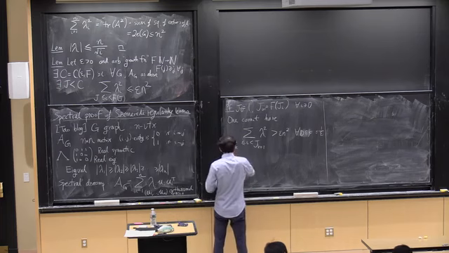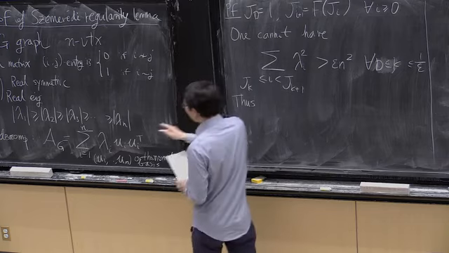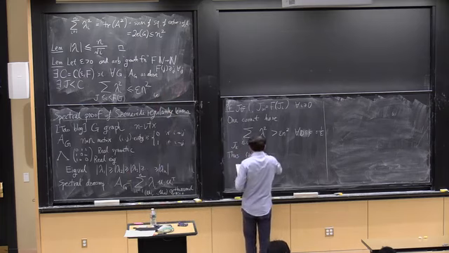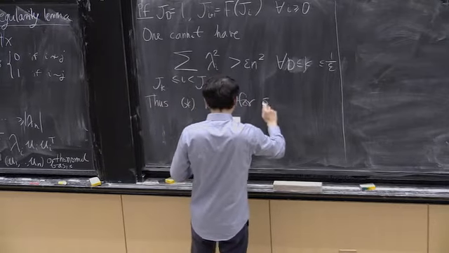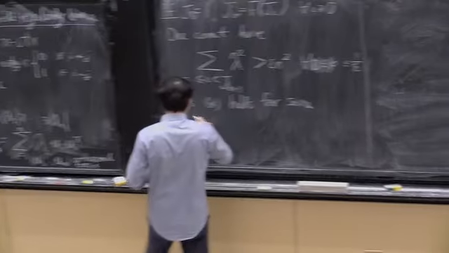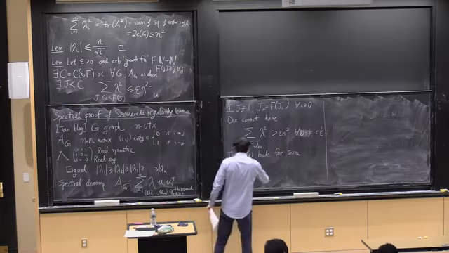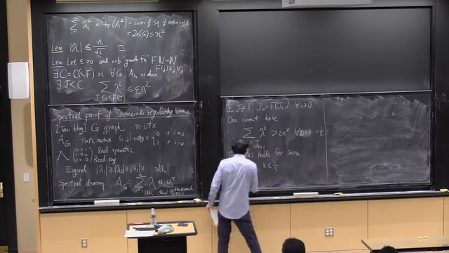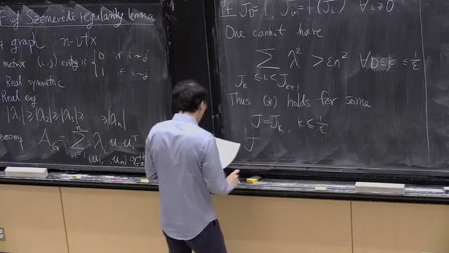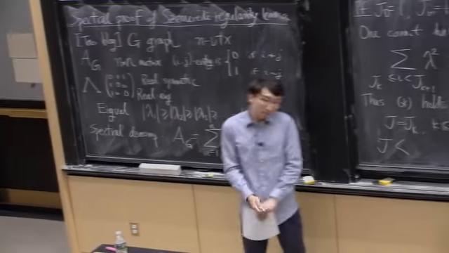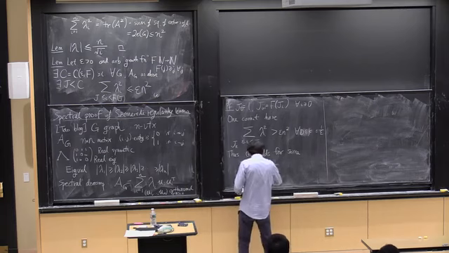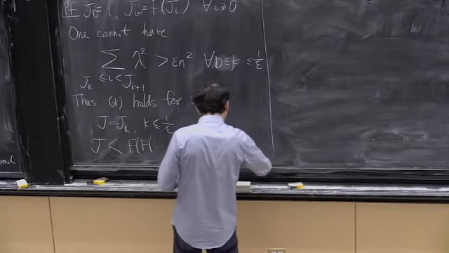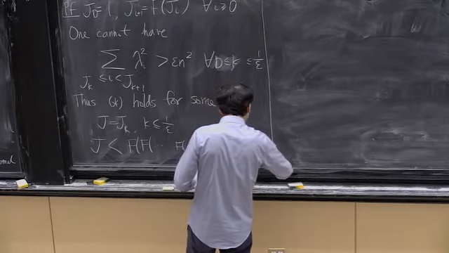And so therefore, the claimed inequality, star, holds for some j equal to j_k, where k is less than 1 over epsilon, and this j in particular is bounded, so it's at most f applied to itself 1 over epsilon times.